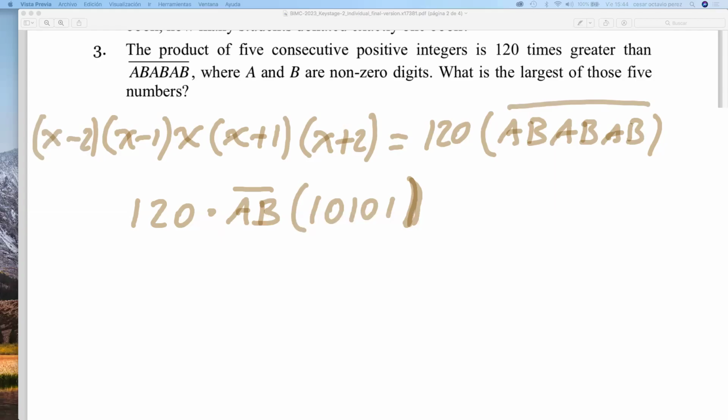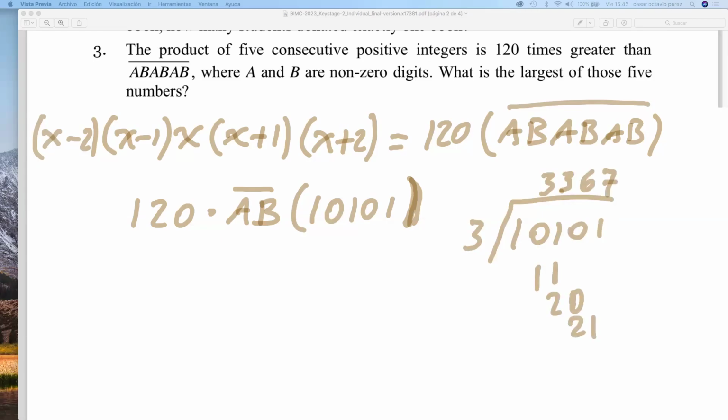Let's divide this by 3. Then 1 divided by 3. We have 1 here. Okay, total mistake.